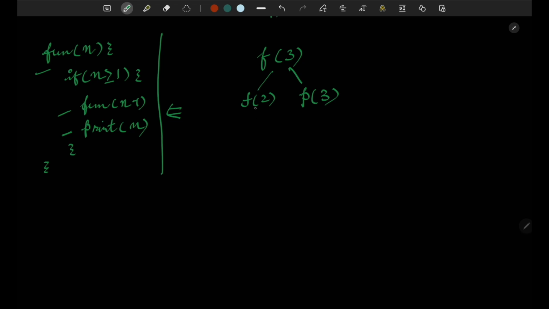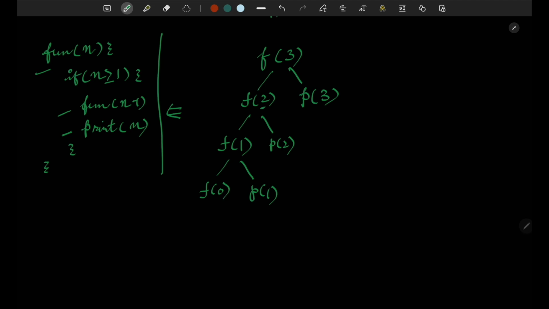Then 2 is greater than or equal to 1, so we make a recursive call f of 1, and this would be printing 2. And 1 is greater than or equal to 1, so this will make a call to f of 0, and this will be printing 1. Now if you look closely, 0 is not greater than or equal to 1, and this is where the recursion is going to stop.